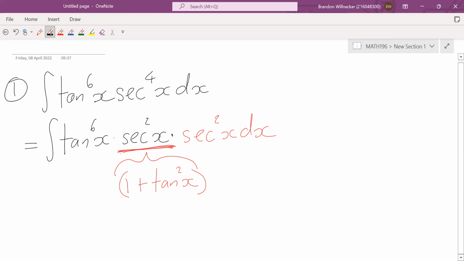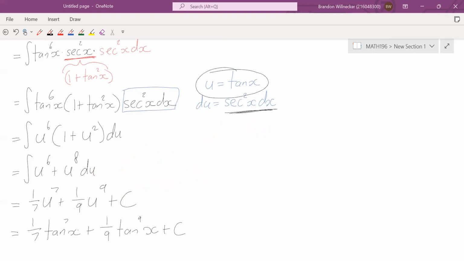Oh, is the screen frozen? Sorry, is the screen still frozen? Can someone just give me a thumbs up if it's working? Oh, it is still frozen. Okay, let me reset that.